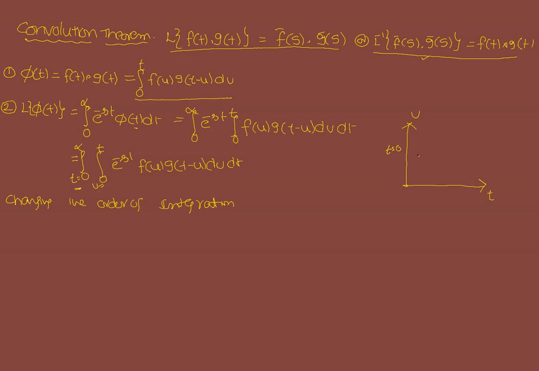Next, u is equal to 0 to t: u is equal to 0 means this line, and u is equal to t means this line. That means this is the area we require.